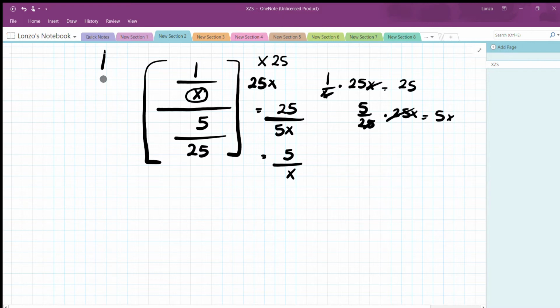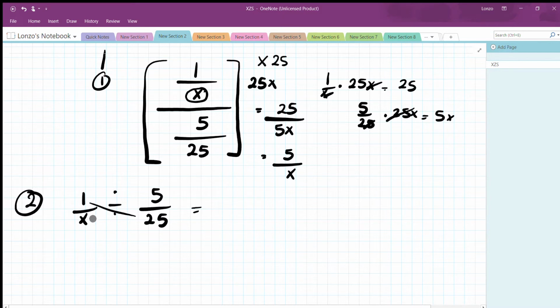So that was the first way. Now the second way is probably the most common way you've done before. We can rewrite that problem as 1 over x divided by 5 over 25. You can either cross multiply, or you can do 1 over x, flip this, so that's going to be 25 over 5, and instead of a dividing sign, it's going to be multiplication.